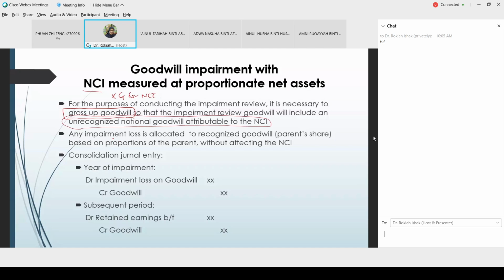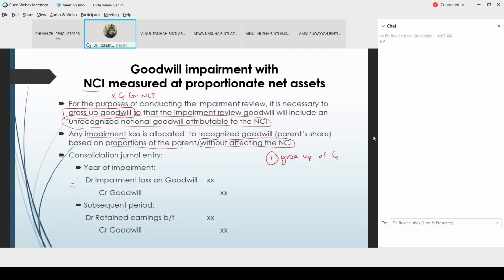Any impairment loss is allocated to the recognized goodwill, the parent's share, based on the proportion of the parent, without affecting the NCI. The impairment loss is going to be allocated to the parent based on their share. But the first thing that we need to do here is gross up the amount of goodwill. In the year of consolidation, debit impairment loss on goodwill and then credit goodwill, so you have the same journal entry.